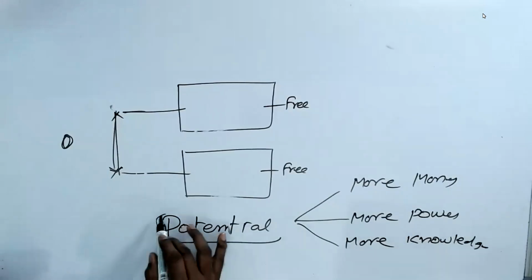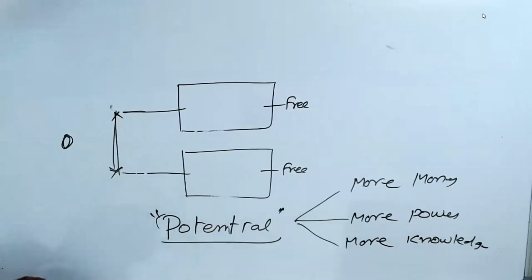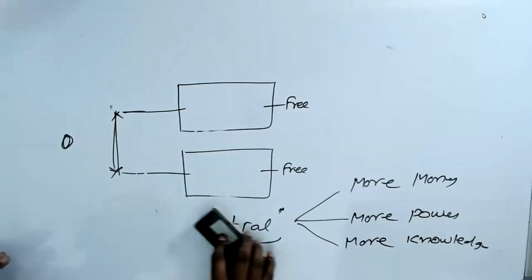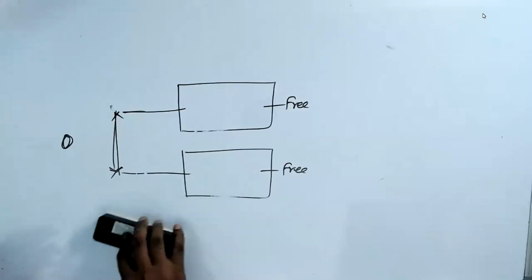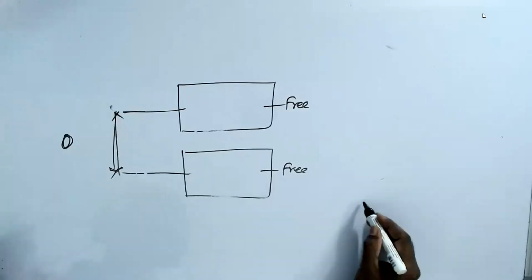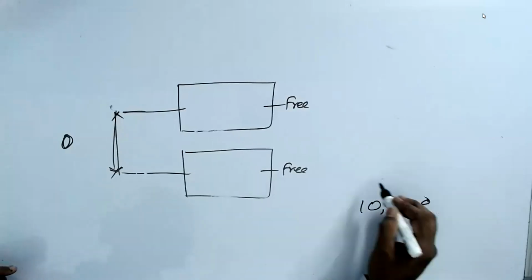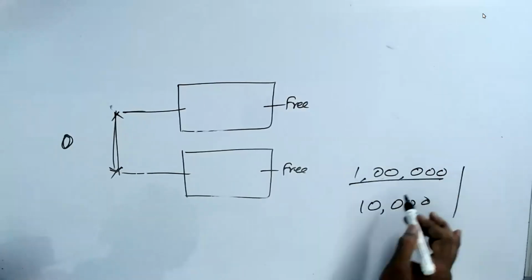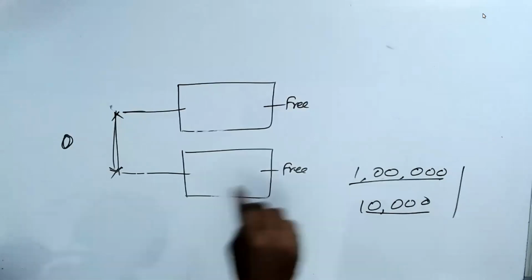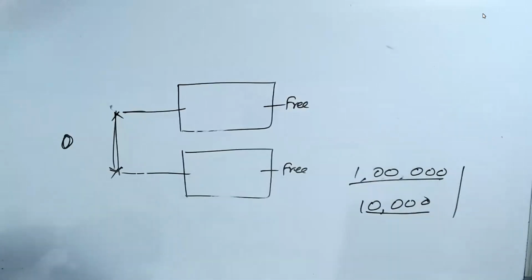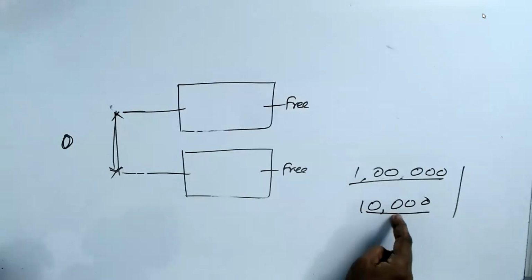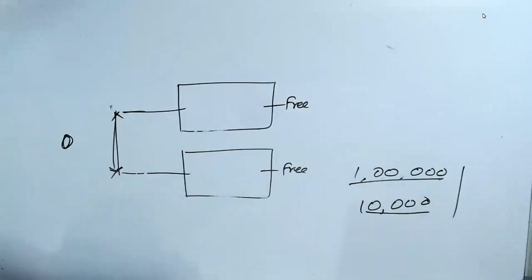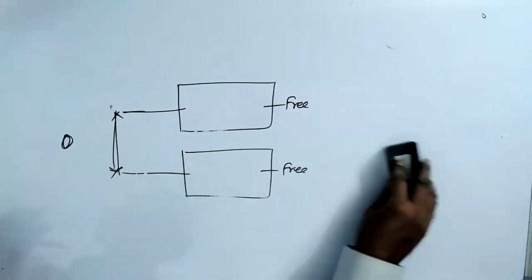So we use the English word potential to represent the differences between people. Somebody has about 10,000 rupees, somebody has 1 lakh rupees. This guy is more potential than this guy. He has the potential to buy a car, a bike. This guy does not have the potential to buy a bike. So that's why we use the word potential.